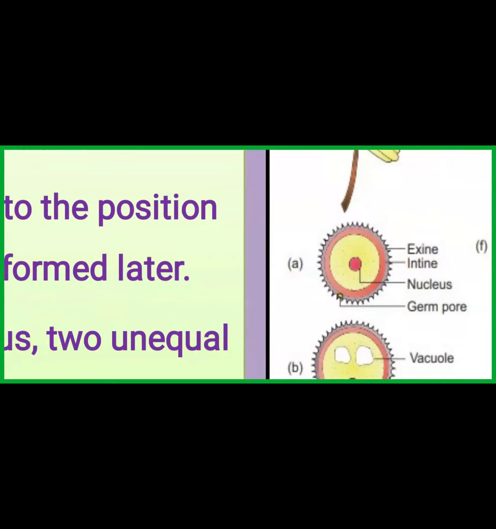It can be differentiated into two layers: the outer layer, sexine, and the inner layer, nexine. Don't get confused. In the pollen grain structure we observed two layers: the outer layer is exine and the inner layer is intine. The exine again can be differentiated into two layers: the outer sexine and the inner nexine.